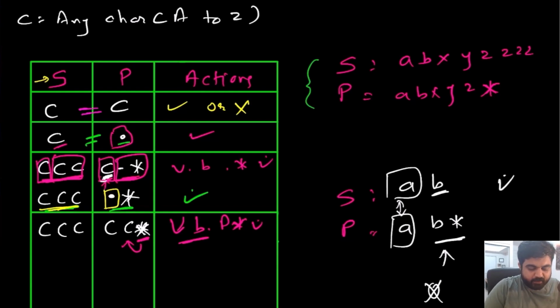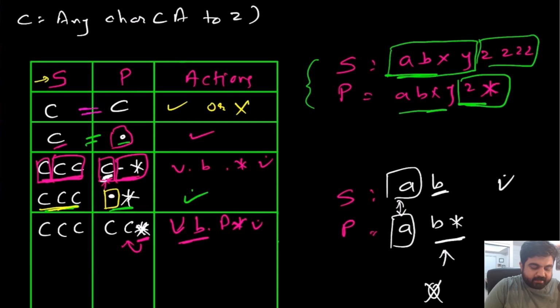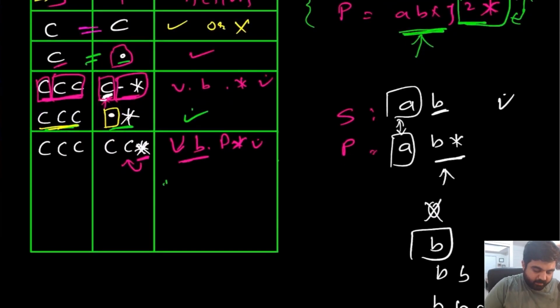But the way you define it is that for the Z and star that we are considering, we check whether all the values present before that are a match. If all of these values match, definitely we can consider this to be a match. So again, we are considering all the values before the preceding value of star. I know I'm using a lot of abbreviations, but you just have to be with me. I'm not going to write all of them. And if that is a match, we can consider this to be a match.